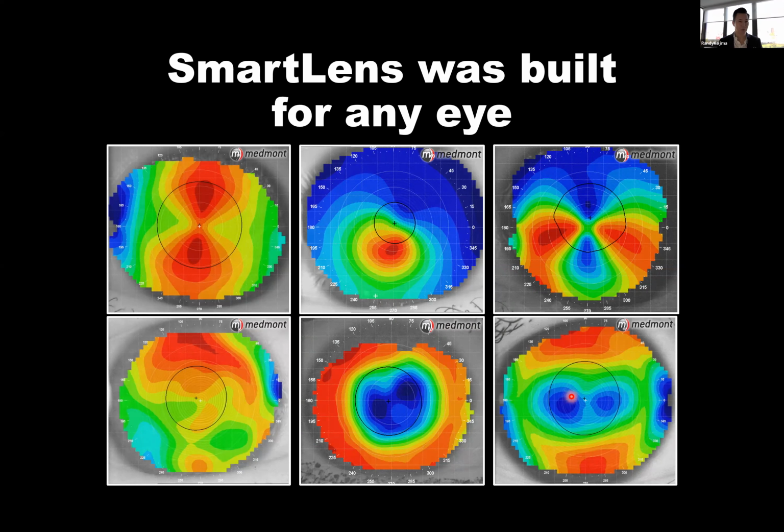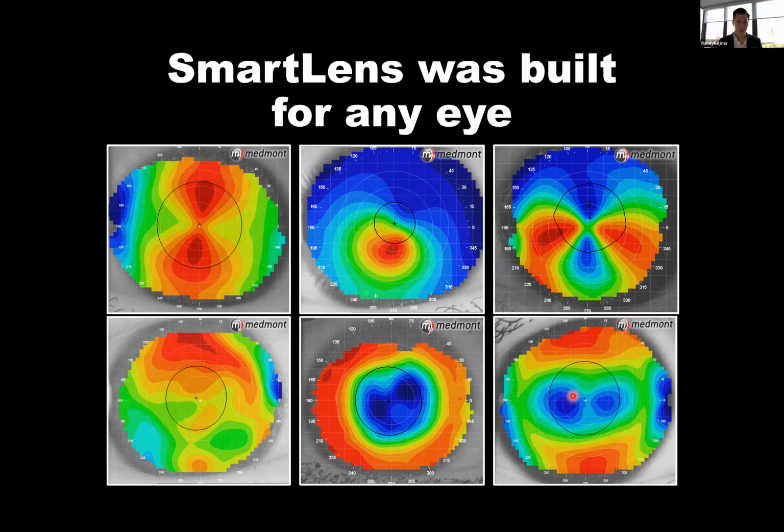Any kind of post-surgical, post-refractive surgery is super easy in scleral lenses. They're just not a challenge.